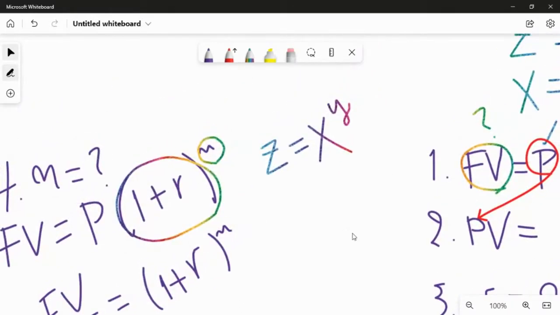Then our question is, how do we solve for y? This is the unknown.